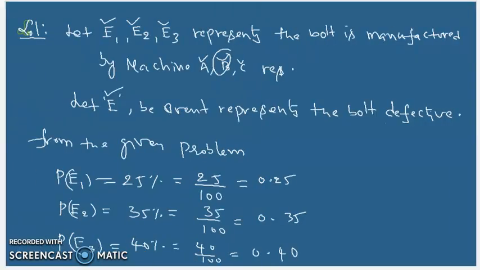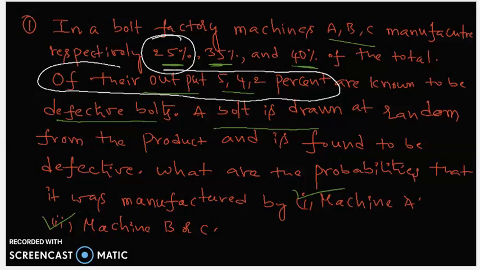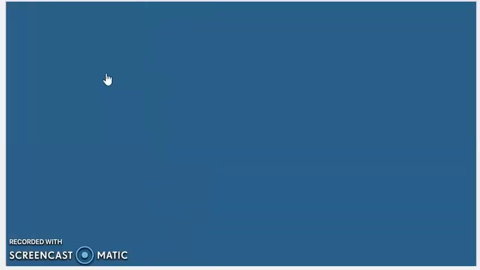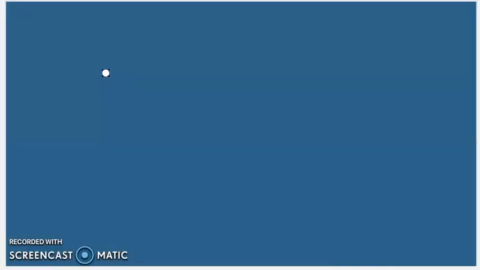So clearly given: of their total output, 5% are defective bolts from machine A, 4% defective bolts from machine B, 2% of bolts are defective from machine C. This is the data already given. That's why to represent this data, we are going to write like this.